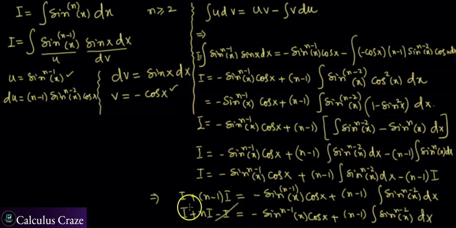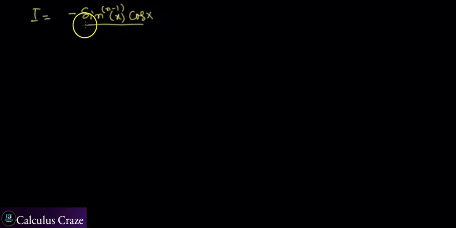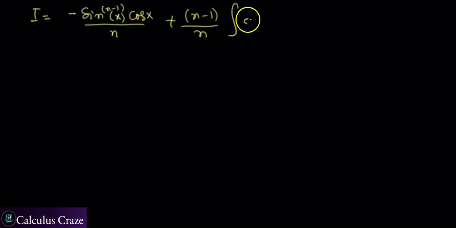But this I gets cancelled with this I, and what you will be left with is the integral equal to minus sine power n minus 1 of x times cos x, all of this divided by n, and then plus n minus 1 divided by n times the integral of sine power n minus 2 of x dx.